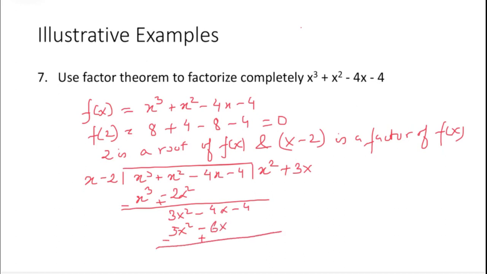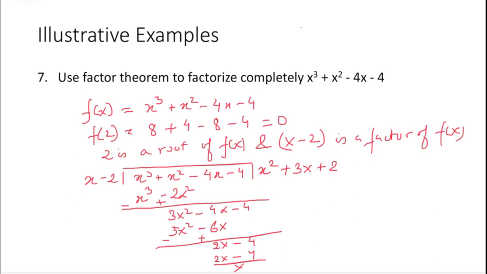Again we subtract, so plus 6x minus 4x gives us 2x minus 4. So if I multiply x minus 2 with 2, we get 2x minus 4.